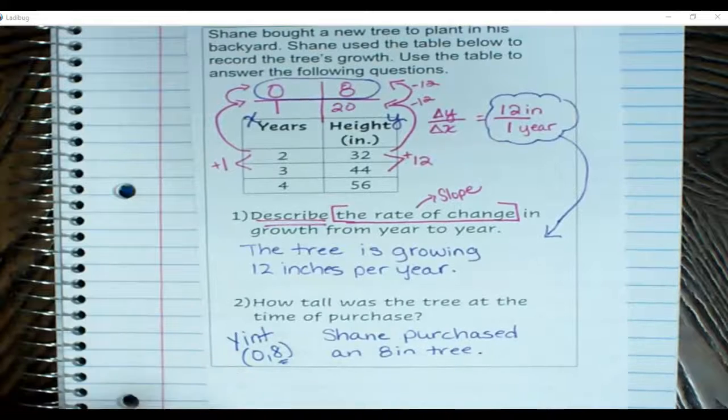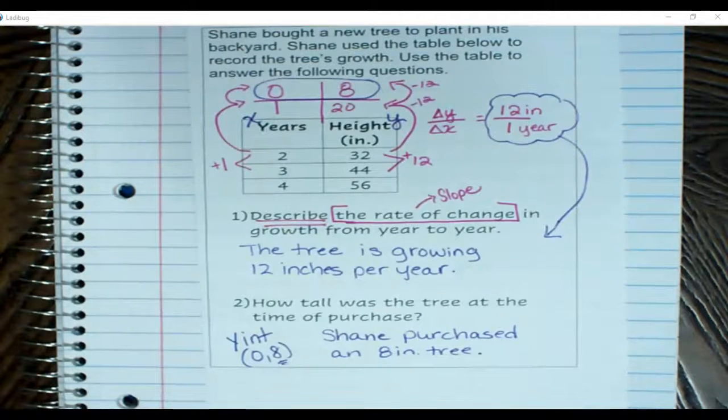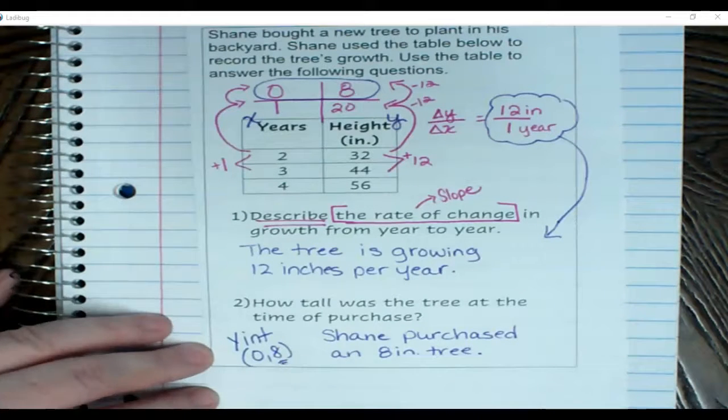Or you could say, at the time of purchase, the tree was 8 inches. When Shane bought the tree, it was 8 inches tall. Okay? Several different ways that you could describe it in words, but it means the same thing. All right, make sure you have these notes secured somewhere where you can reference them as you're studying and working.